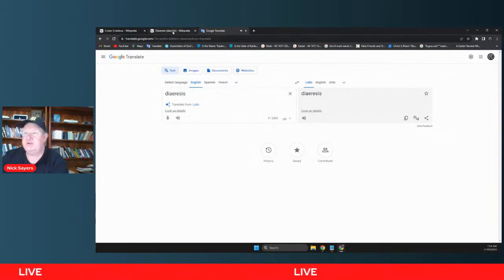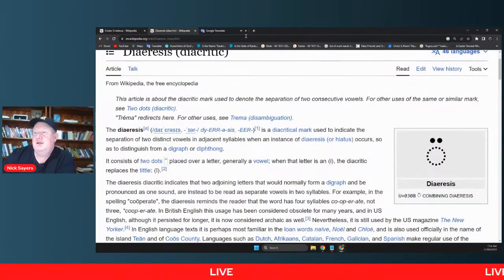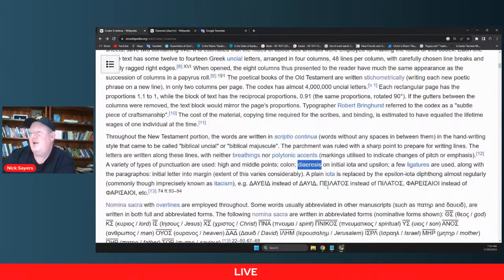Diaeresis. Don't want any verbal diaeresis coming out. So that's on the initial iota or upsilon. Okay, so the first iota or the first upsilon in a word might have these double dots, and so sometimes that can come in handy, to know those sort of things.